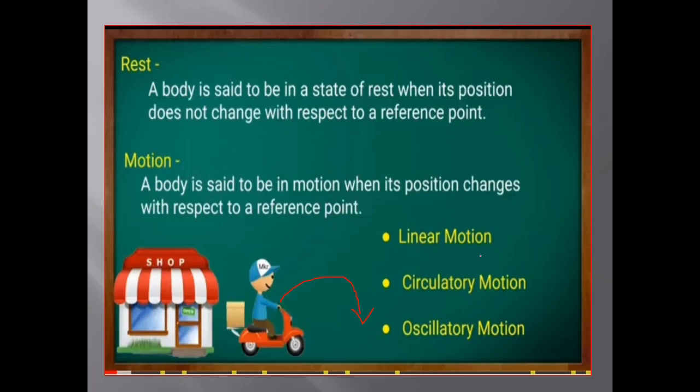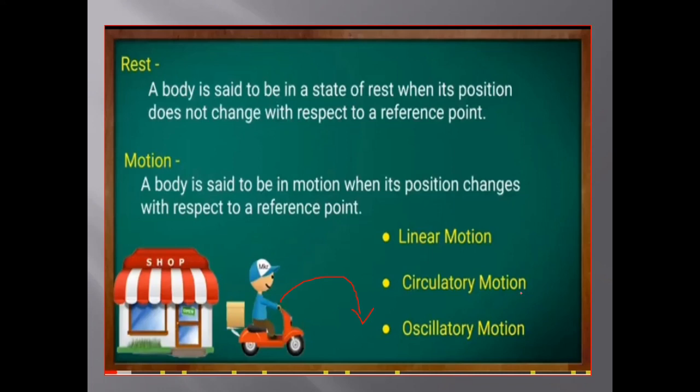Linear motion is a motion where an object or a body moves in a straight line path. I can give the example of the driver and the shop. Whenever the driver changes his position from one place to another, he is moving in a straight line path. Therefore, it is an example of linear motion.